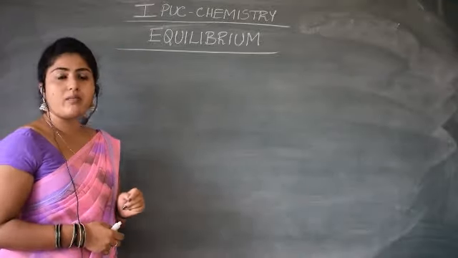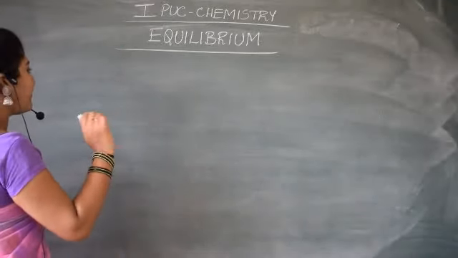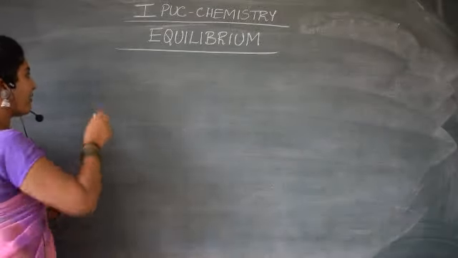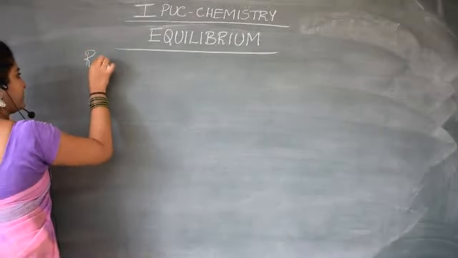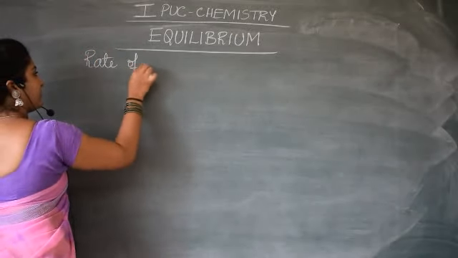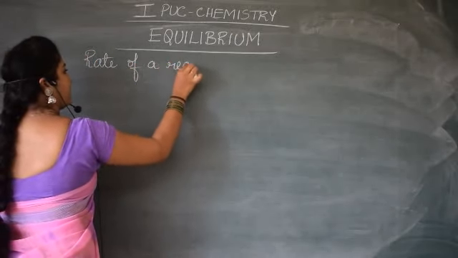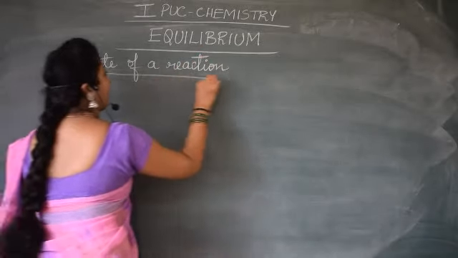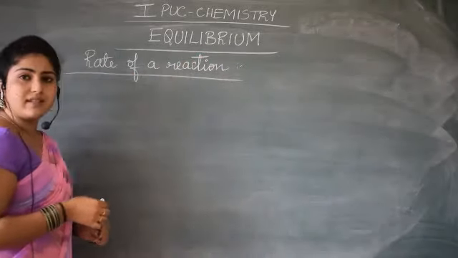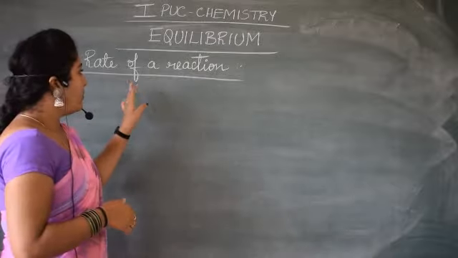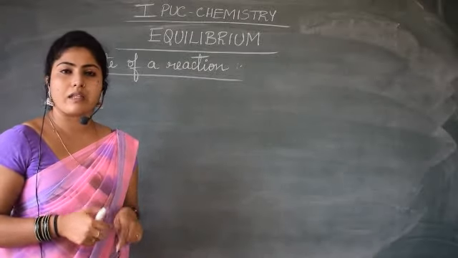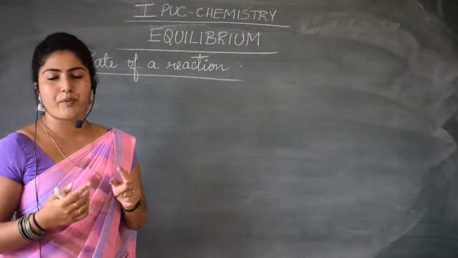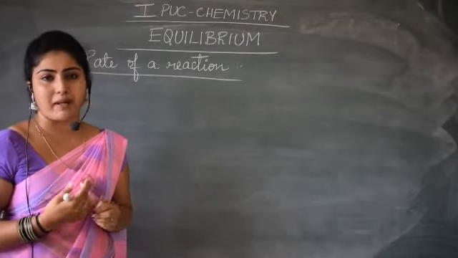Before moving to this particular concept, let me explain what is the rate of a reaction. Rate of a reaction means we study the change in concentration of reactants or products with respect to time.